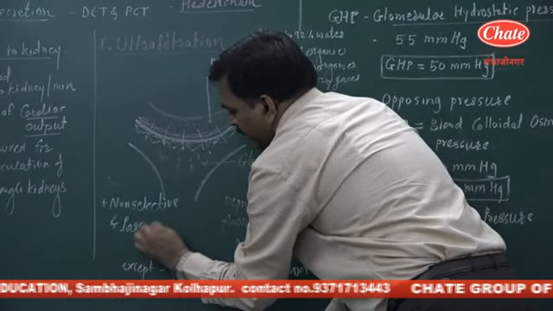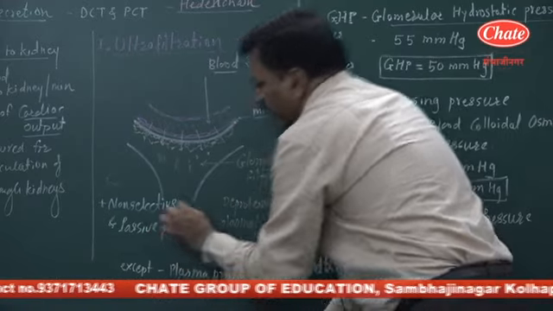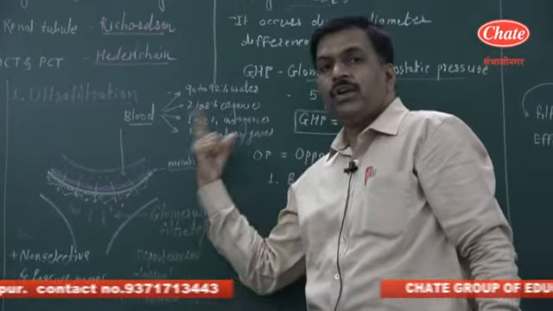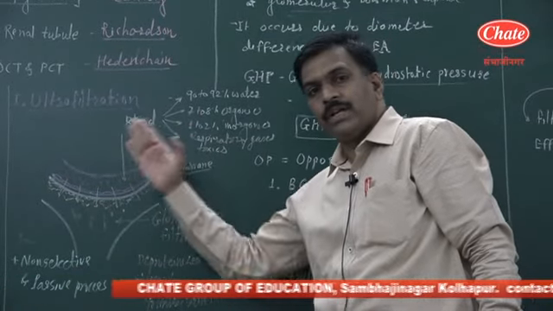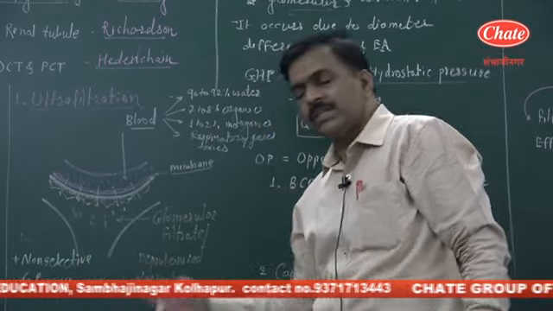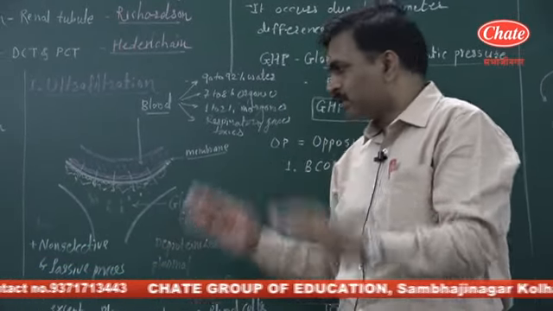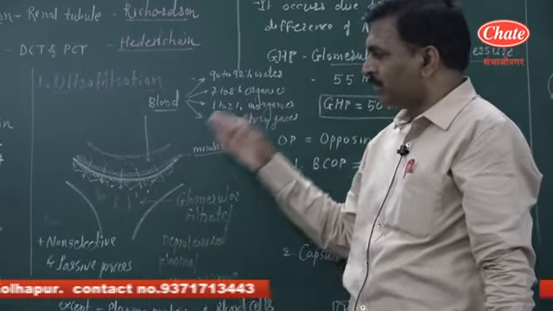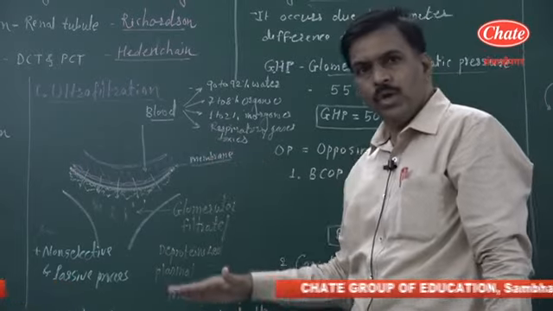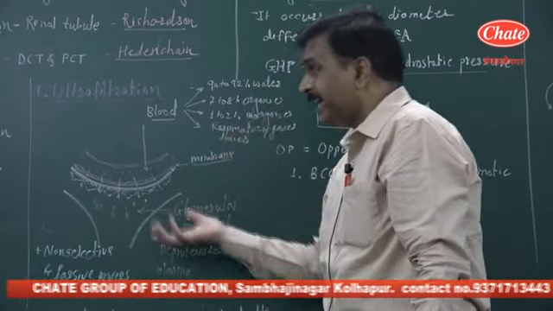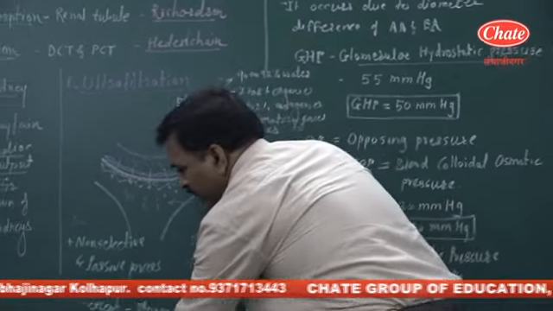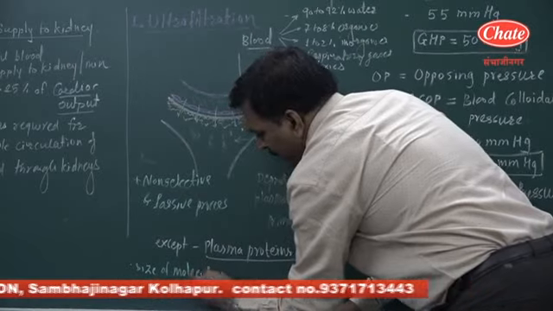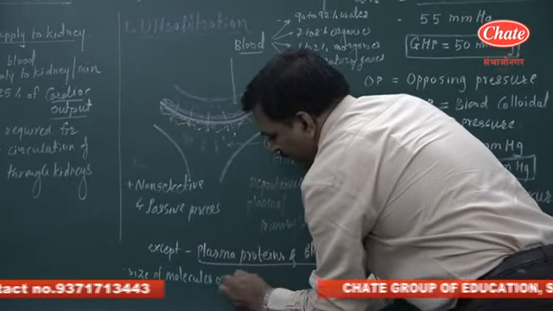Non-selective means here we cannot distinguish between the essential and non-essential components of the blood, so both get filtered out. Passive process means movement occurs from higher concentration to lower concentration. So the only criterion used during ultrafiltration is the size of molecules or particles.